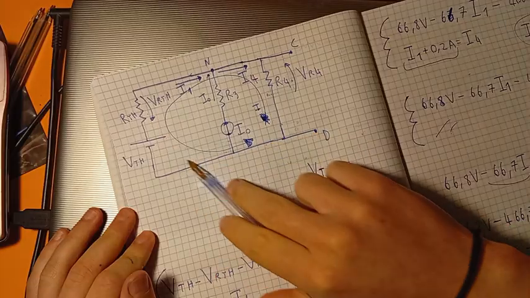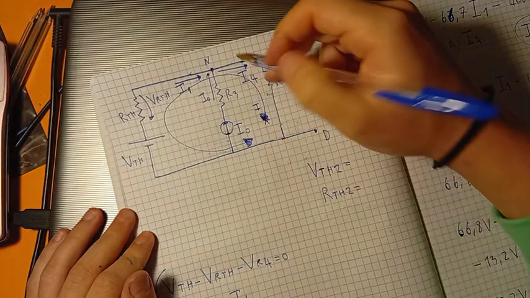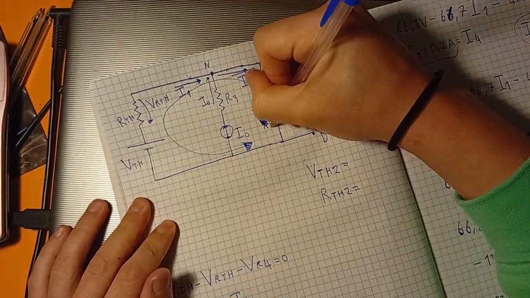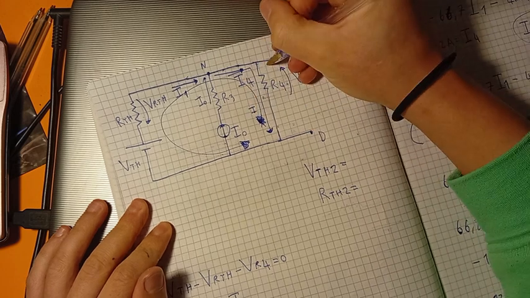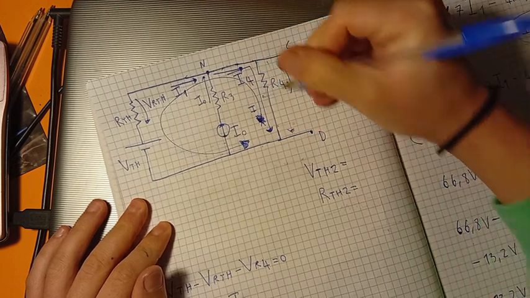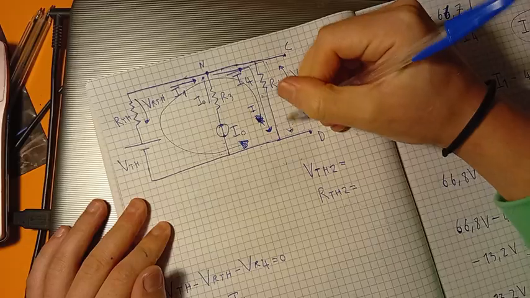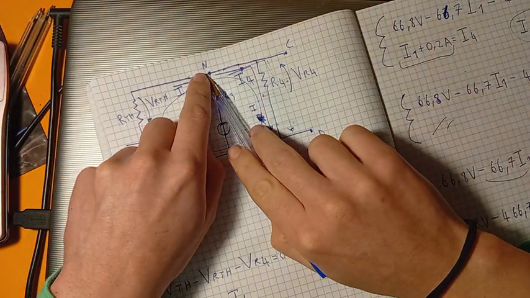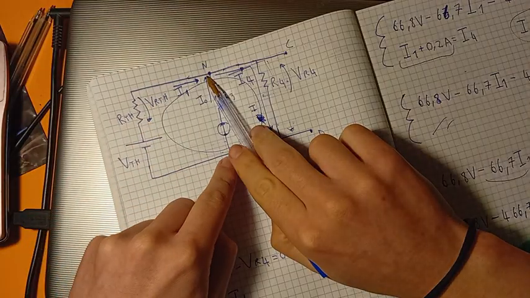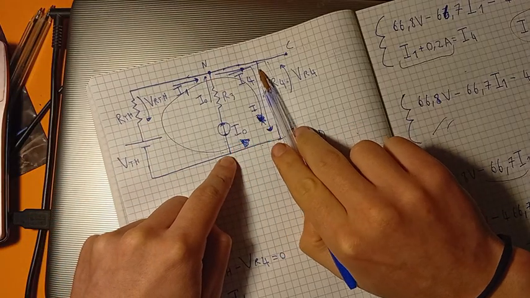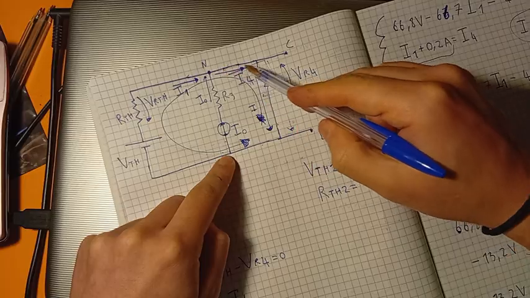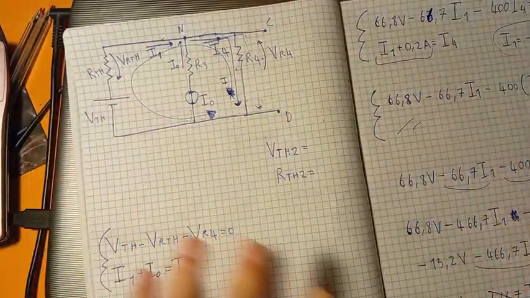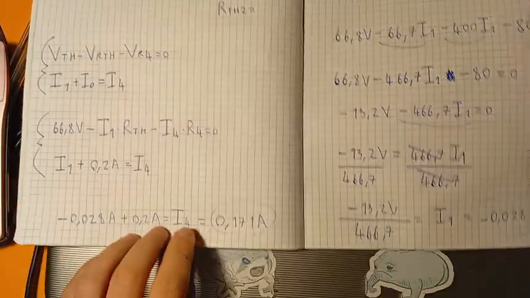I1 flows in this way, but I4 flows in this way. So the direction of I4 is this. We have a current here who flows in this way, then a current here who flows in this way, and another current here who flows in this way. These are the correct directions.